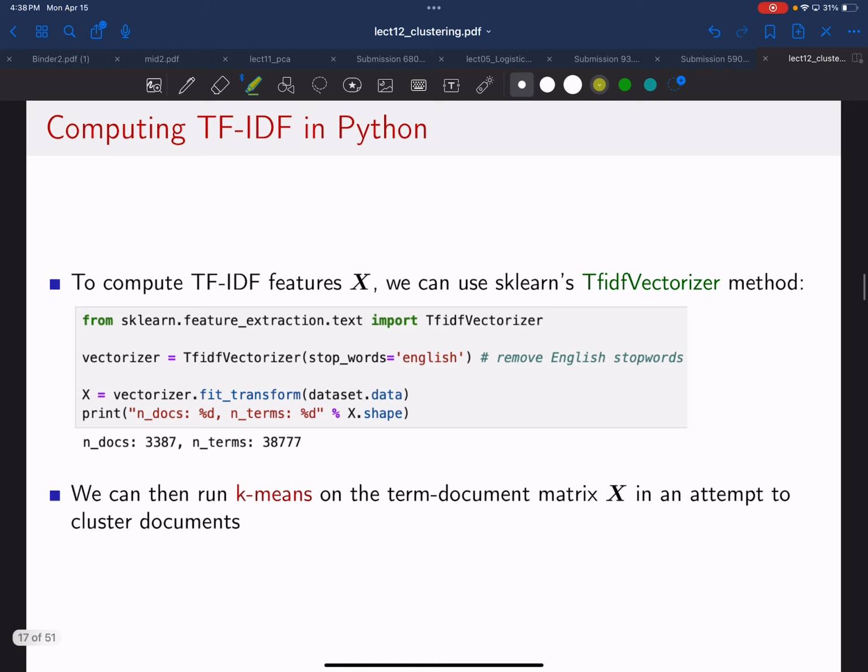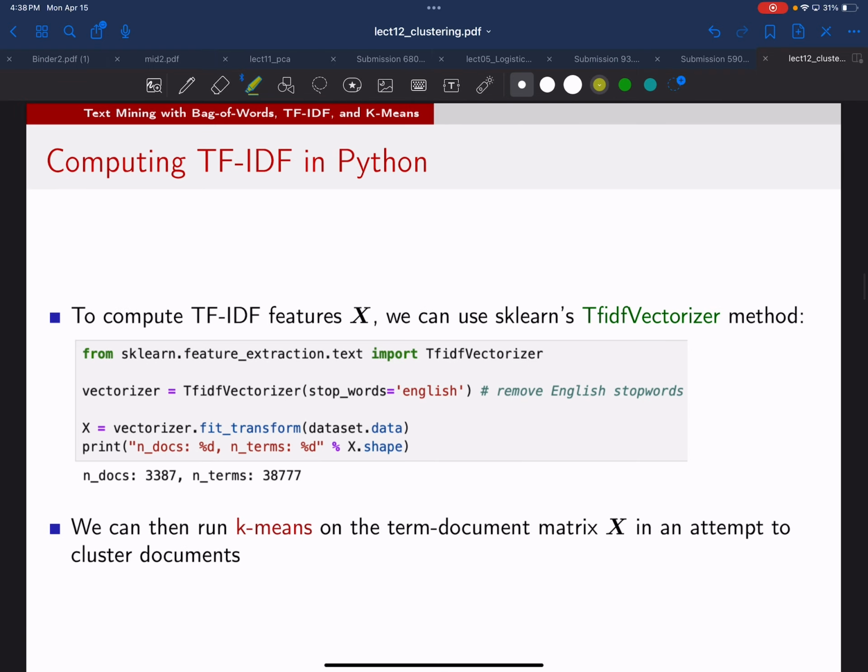Okay. So how you do this TF-IDF stuff in Python or in scikit-learn is super easy. You just instantiate this TF-IDF vectorizer. You tell it what language you're working with. It has an official list of stop words for that language. Then you just take that array of strings and do fit_transform and you get your X matrix.